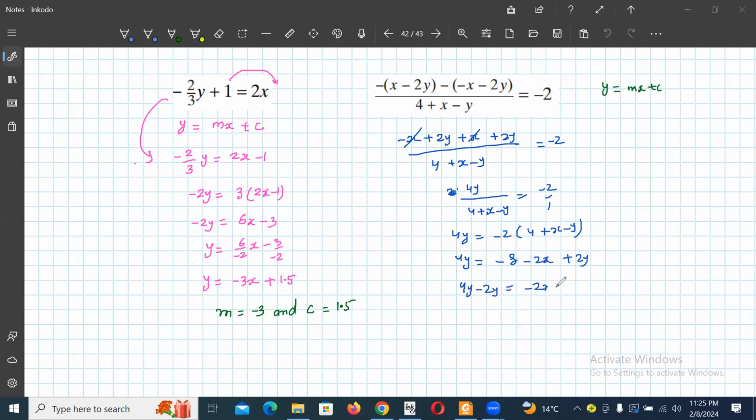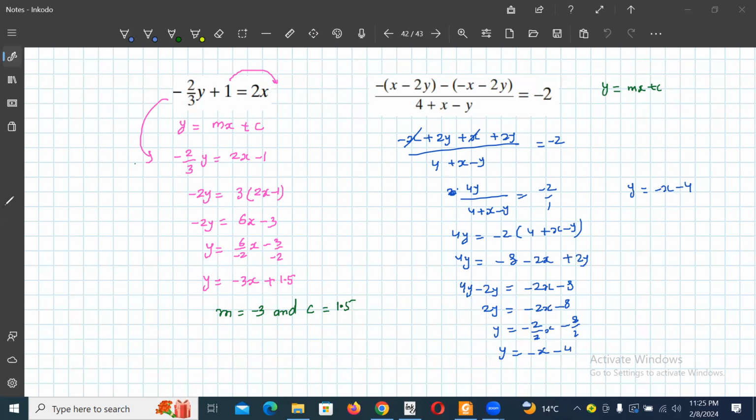That gives me 2y is equal to minus 2x minus 8. And y is equal to minus 2 over 2 x minus 8 over 2. So lastly, I'm getting minus x minus 4. That means our required equation is y is equal to minus x minus 4.